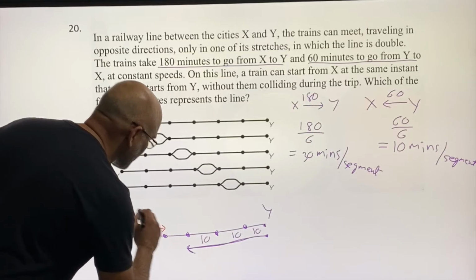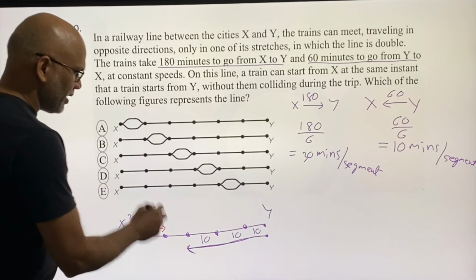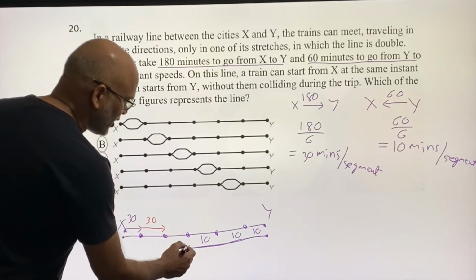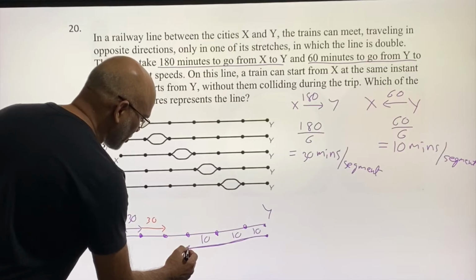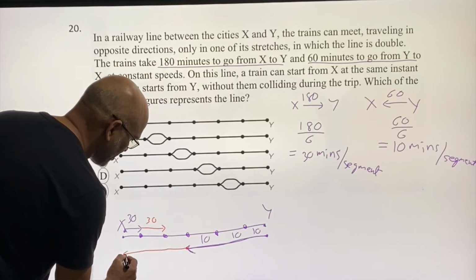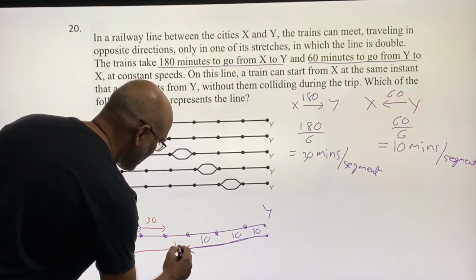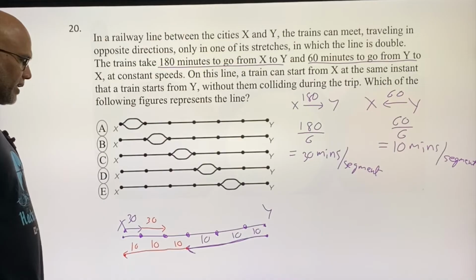This is another 30 minutes, right? Per segment, it takes 30 minutes. And at the same time, this train is going to, in 30 minutes, go here, here, and here, right? So it's going to take 10, 20, 30, another 30 minutes.